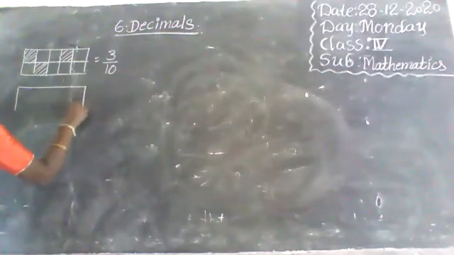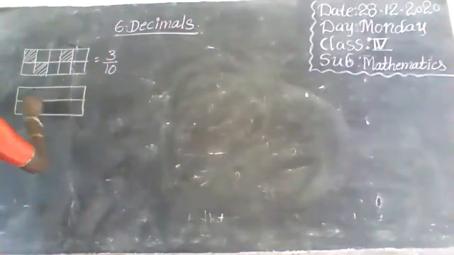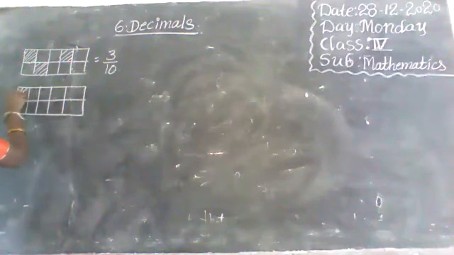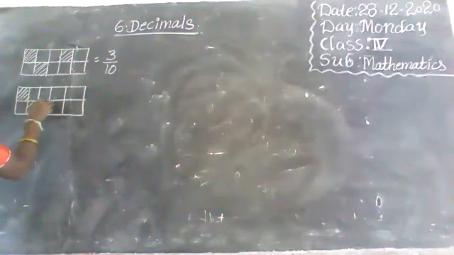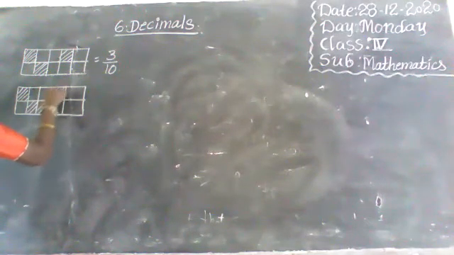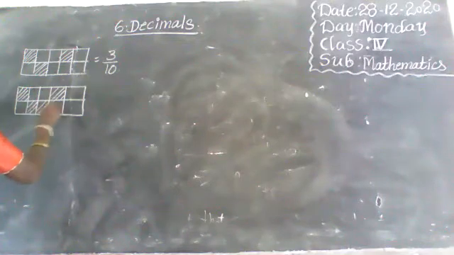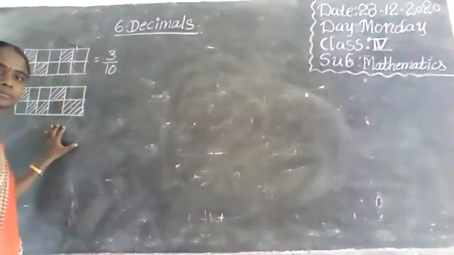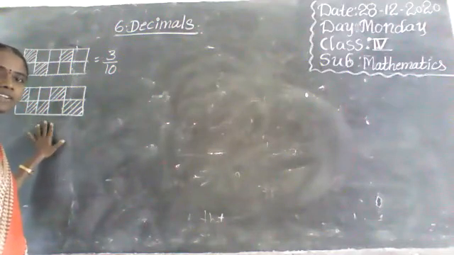Next, similarly we have to see one more figure. What is the fraction form of this figure? The shaded part as a fraction.